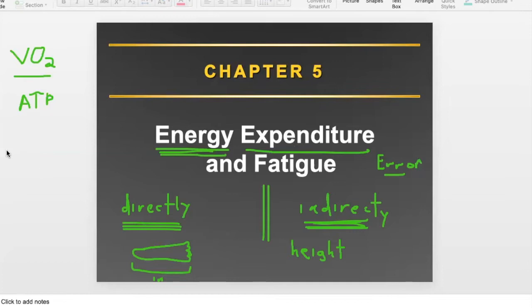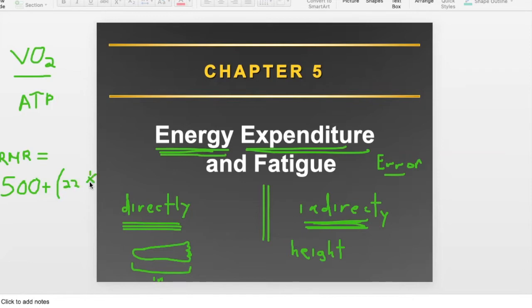There's another way to estimate energy expenditure. We talked about it last week. It was this equation. It's one of the most, I think, important equations in all of exercise physiology. The resting metabolic rate is equal to 500 plus, in parentheses, 22 times your fat-free mass.